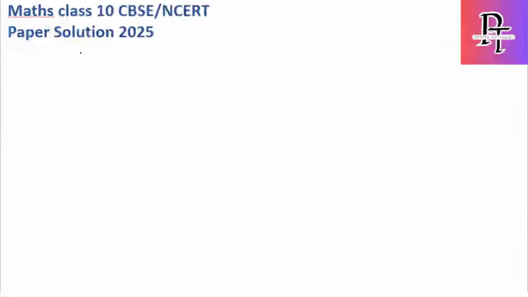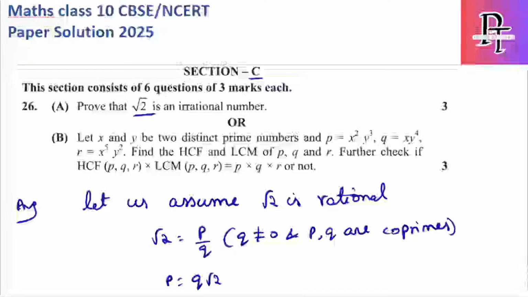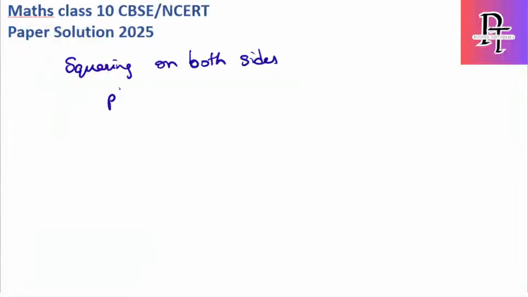Let's take the next slide. Next step is squaring on both sides. If I do squaring on both sides, what will this become? P square is equal to Q root 2 whole square. So simply I'll write the next step as P square is equal to Q square into 2.